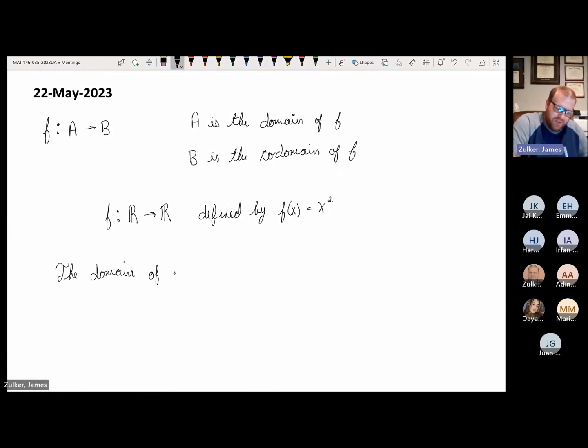So the domain of a function is the set of all values that can be input into the function.